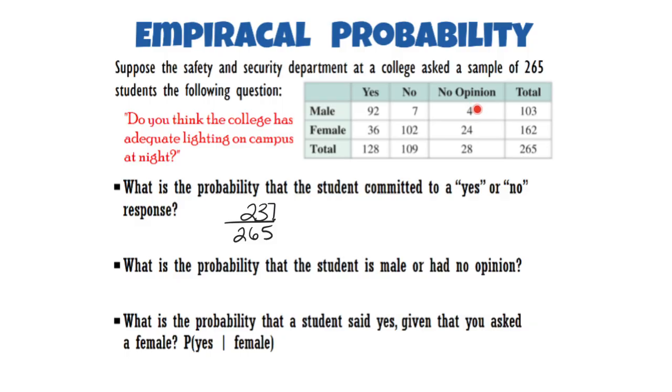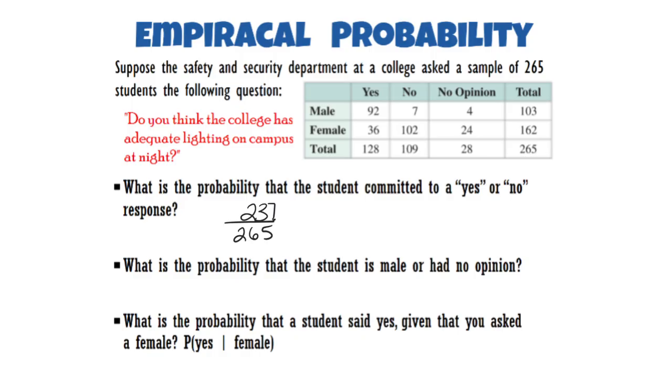The males that had no opinion, those 4 people got counted this direction and this direction. So I could still do 103 plus 28, but then subtract 4 from that because those 4 got counted twice. So then that would be a total of 127 out of 265 students.